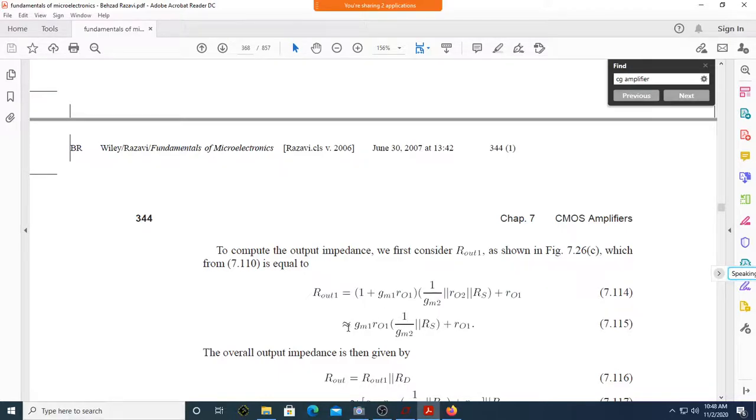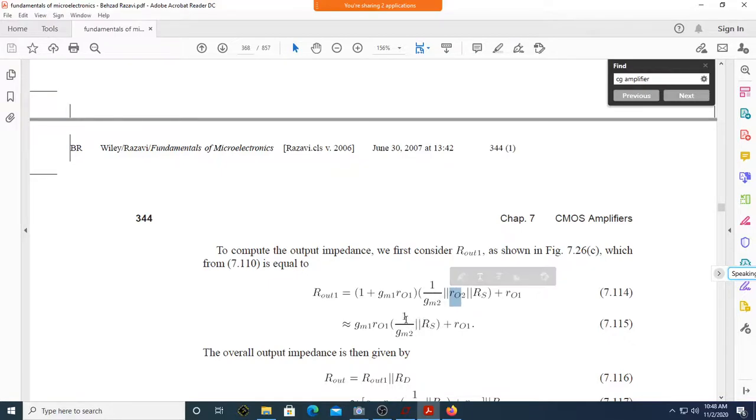Now they are writing approximately, they are taking out this 1, and they are taking out the highest value of these 3, which is R02. When you have something in parallel, it is better to neglect the highest of all three. The highest of 1 over gm2, R02 and RS is R02. That's why you are neglecting R02.